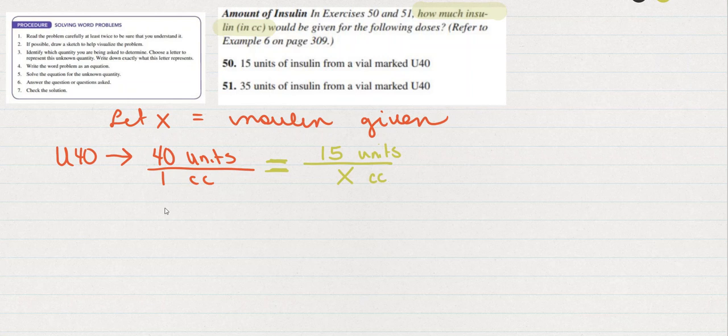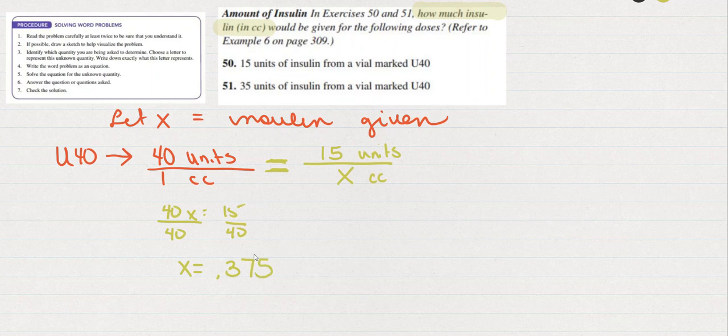But to do the cross multiplying, we do 40 times x equals 15. Solving for x, I'm going to divide both sides by 40. So on the calculator, 15 divided by 40 gives us 0.375.